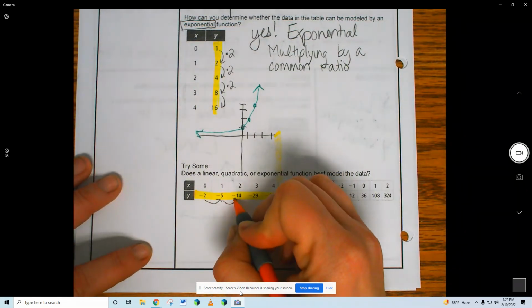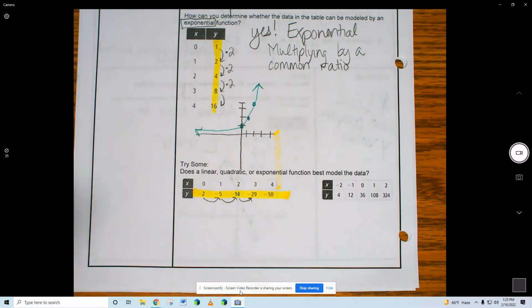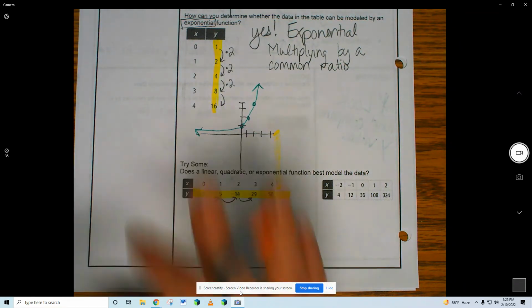How does 2 become 5? How does 5 become 14? How does 14 become 29? What's happening? No pattern. Oh, wait. No pattern, question mark. Oh.